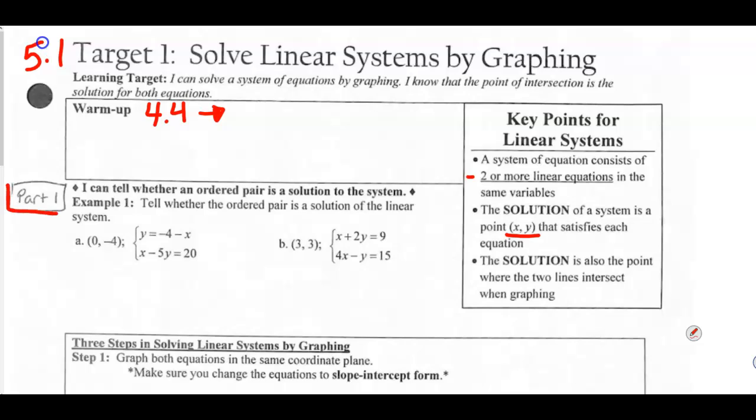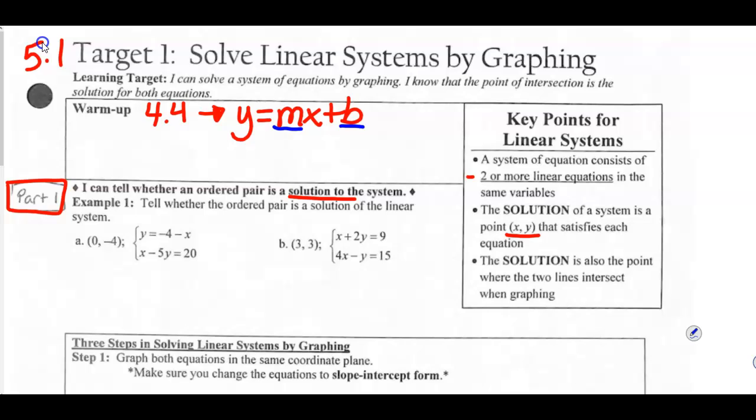We're going to look at part 1 in the notes, and that is if I give you an ordered pair, you can tell whether or not it's a solution to a system. And again, a system is just two or more equations. So there's two equations, and our slope-intercept form is y equals mx plus b. We like it in that form when we're doing systems. It makes it easier to graph.